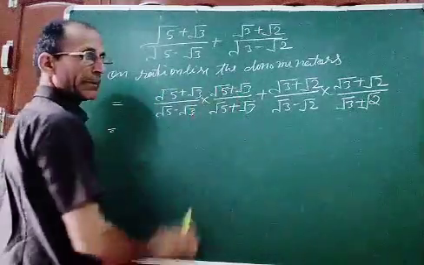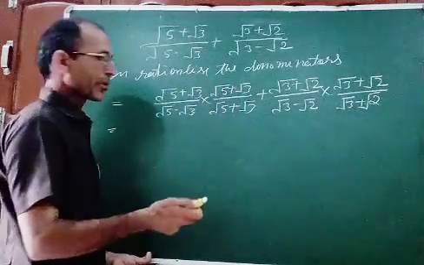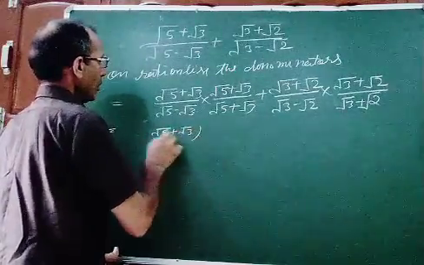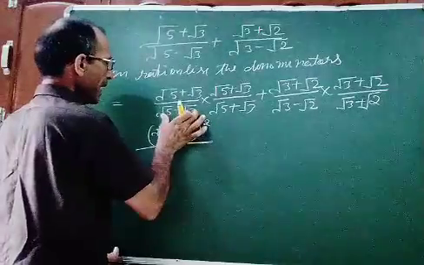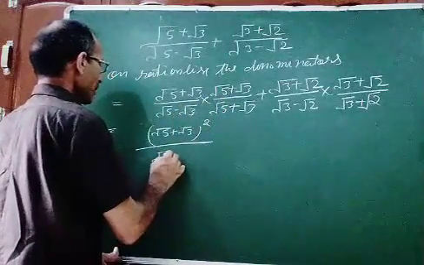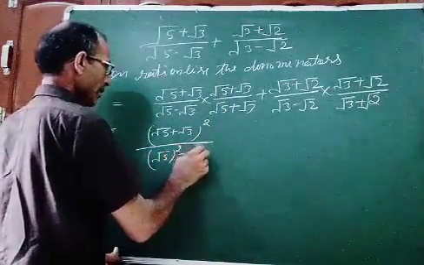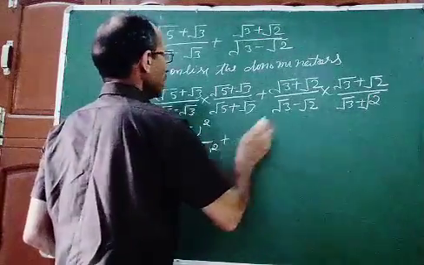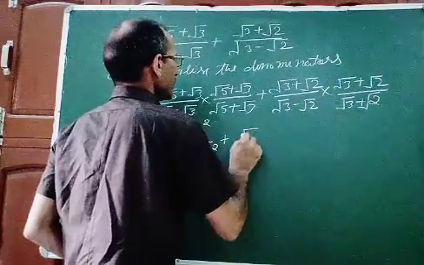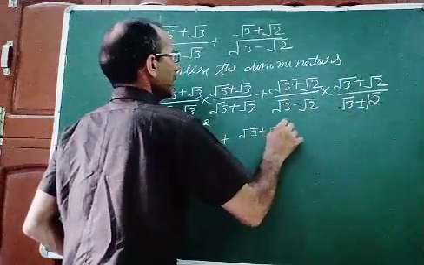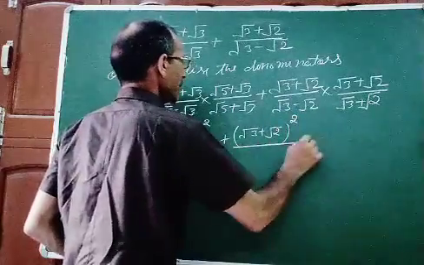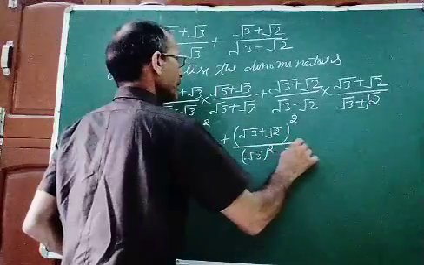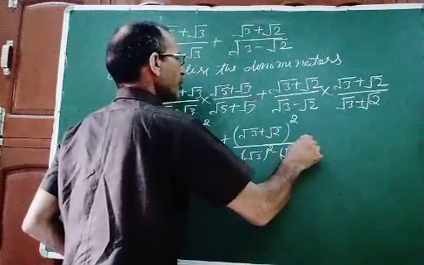Now a plus b, it means (a plus b) whole square. So (root 5 plus root 3) whole square. In the denominator it will be (a plus b)(a minus b), root 5 square minus root 3 square. Plus (root 3 plus root 2) whole square, and (a plus b)(a minus b), root 3 square minus root 2 square.